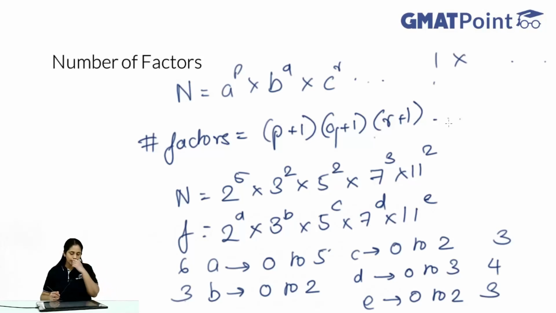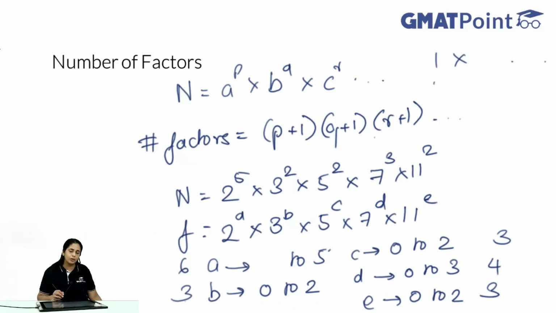Now this begs the question that if this is the case, how many even factors will there be? See, if you have to consider even factors, then f has to have at least one power of 2. So a cannot be 0. If f is an even number, a at least has to be 1. If a is 1, then f will be an even number.